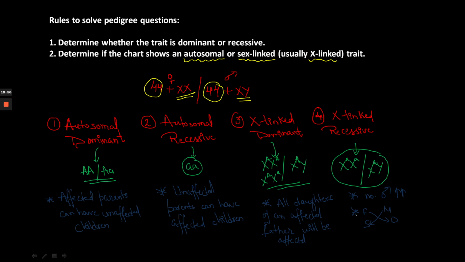None of the disease will be passed on directly from father to son. In X-linked recessive condition, this case won't be there. So these are the basic signs that you can notice in order to solve the pedigree questions.